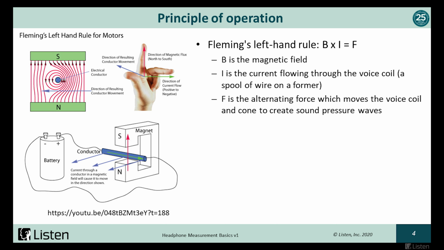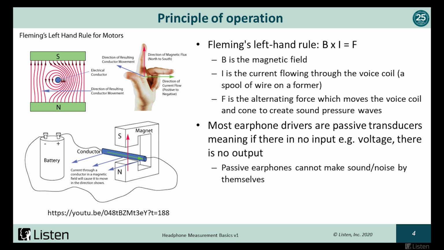Basically, we've got the magnetic field in one direction, current flowing through the voice coil in another direction, and this creates an alternating force, which moves the air or the cone in and out to create sound pressure. I'm not going to show it to you, but I did put a link to a YouTube video if you want to see a dynamic video of the voice coil moving up and down in a loudspeaker.